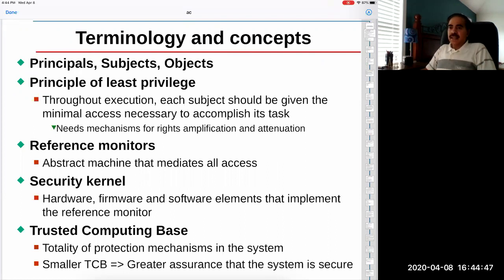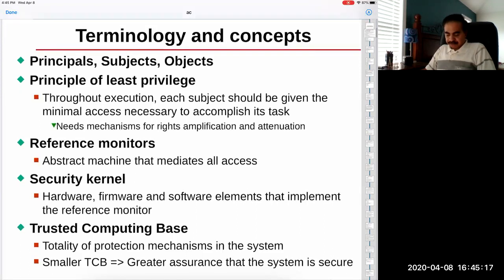And of course, we will talk during this unit about how least privilege can be applied and how sometimes the least privilege principle can in fact pose a problem in terms of usability. Therefore, like many other things, it becomes a trade-off between security and usability.